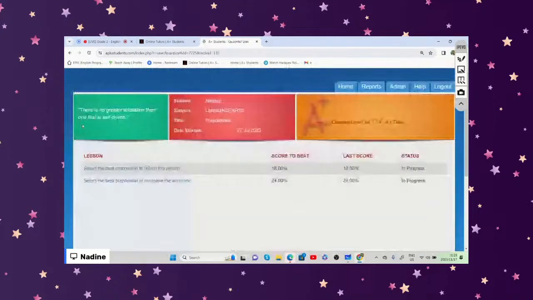So that was us selecting the best pictures to match the preposition, or the best preposition to match the picture, right? So now we can select the best preposition to complete the sentence.